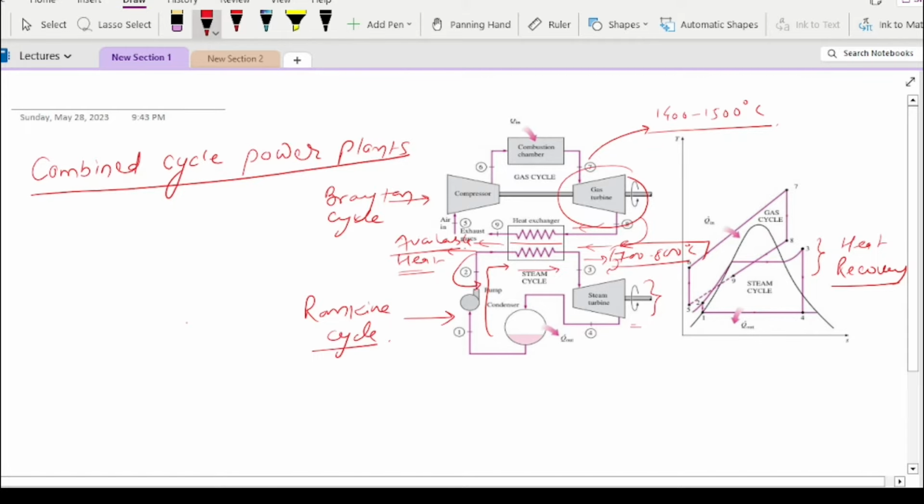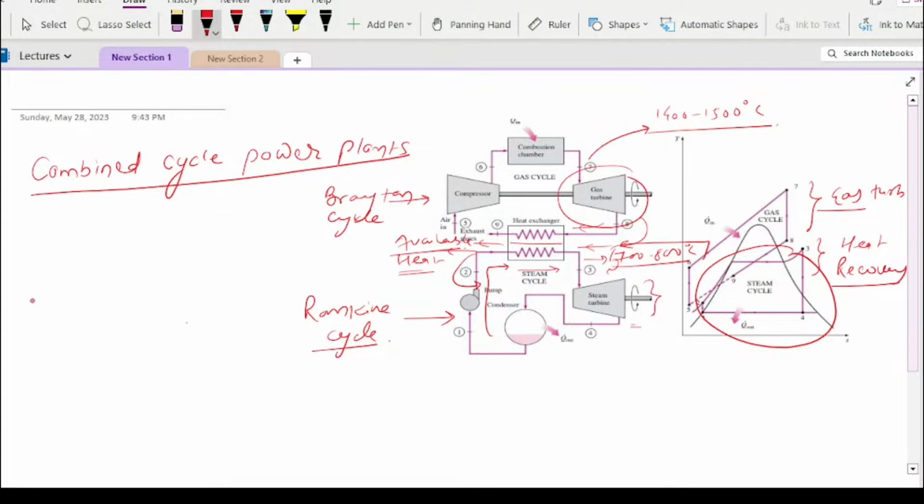Therefore, as visible from the TS diagram, this is the gas turbine Brayton cycle, which is topped over the Rankine cycle.